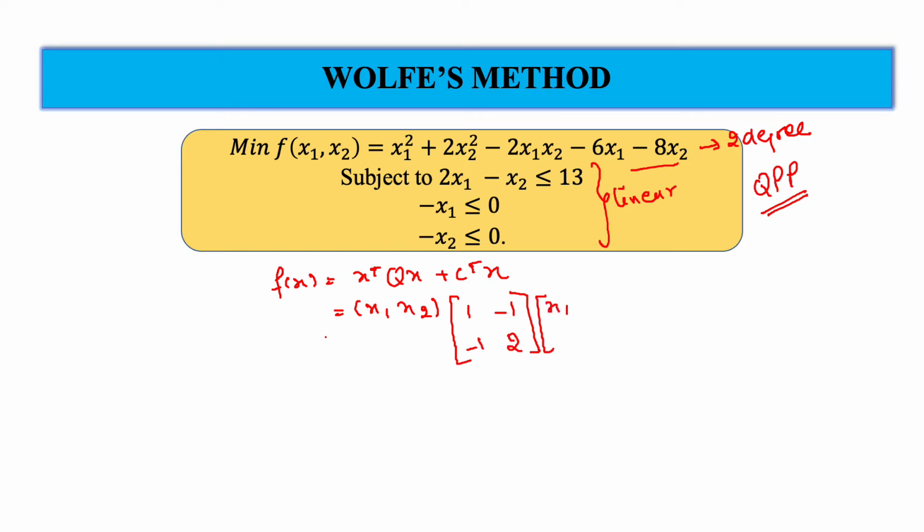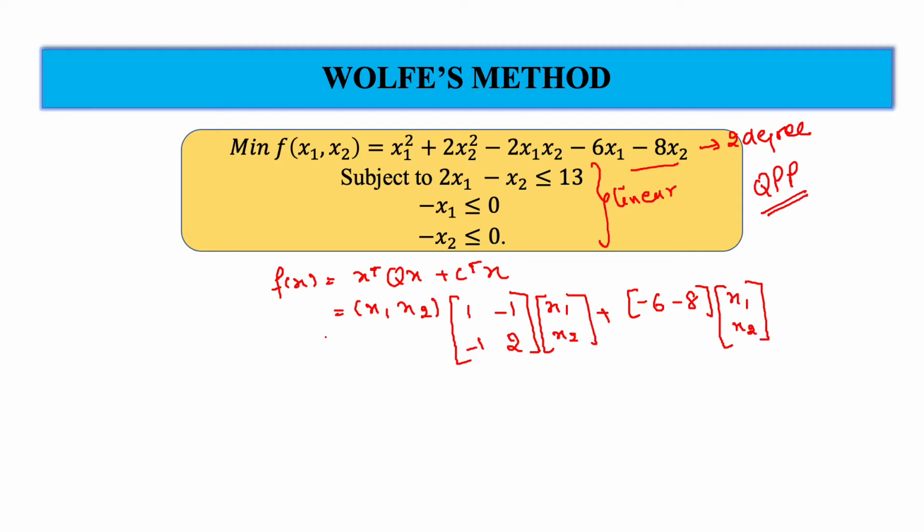Then X is (x1, x2), and C transpose is (-6, -8). This we have discussed in the QPP lecture, how we can get Q. So this is the Q.